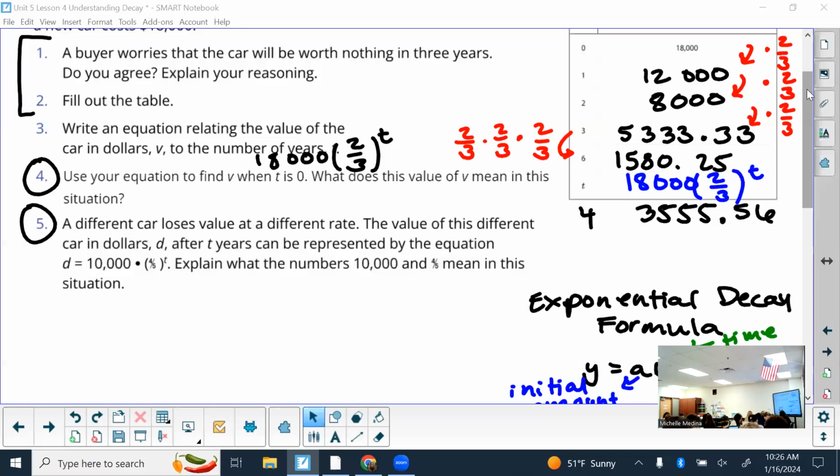Number 4, you needed to use the equation to find v when t is 0. Table 6, what'd you get for that? All right, everyone else listen. This is a lot easier than you think.